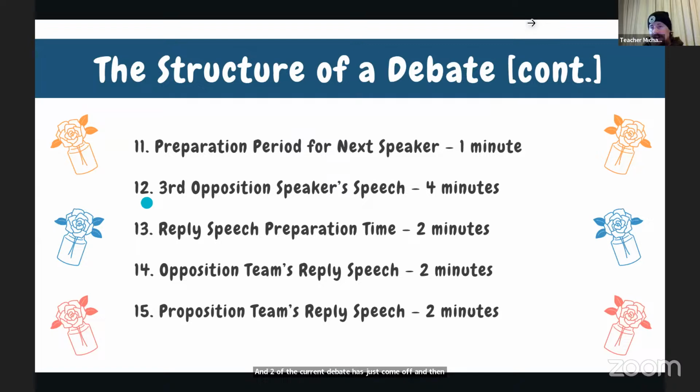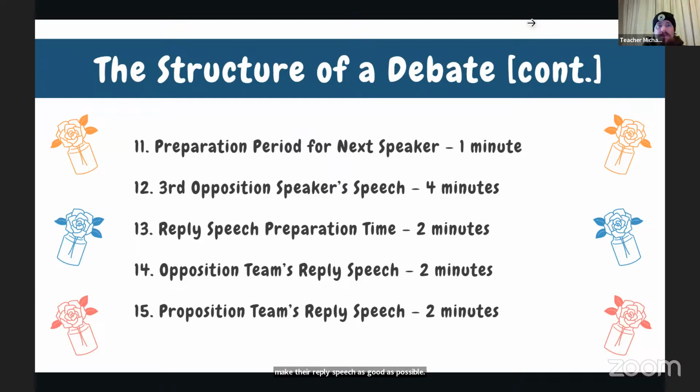But during the reply speech preparation period, the 2 reserve team members are allowed to communicate with the 3 active debaters, so they can give them any information they may need to make their reply speech as good as possible.